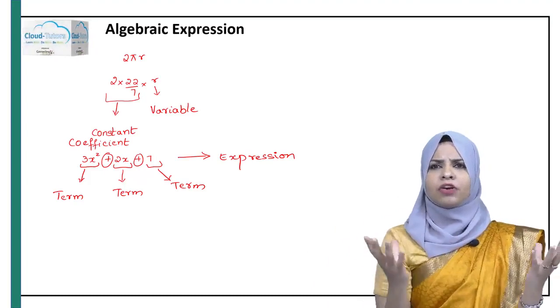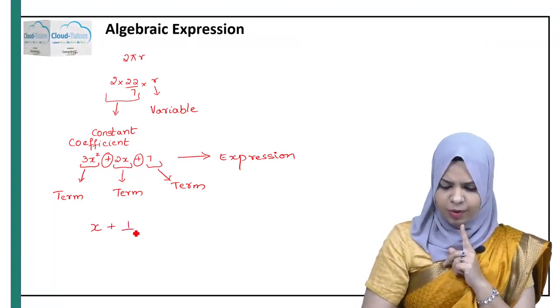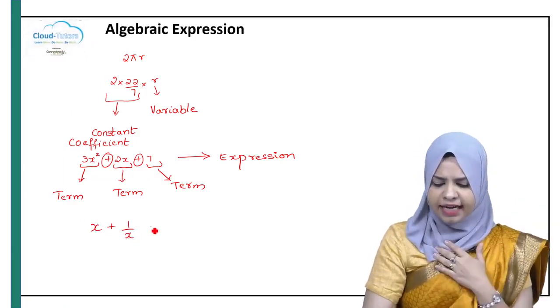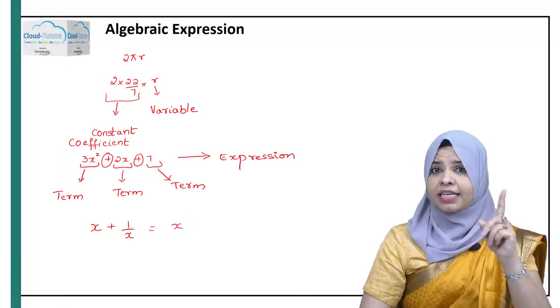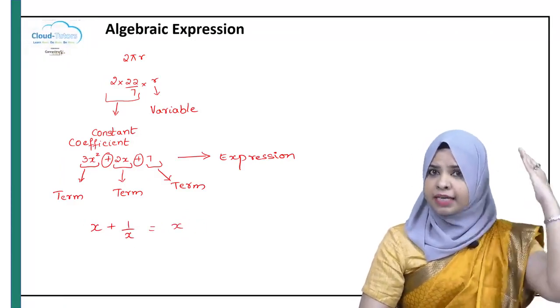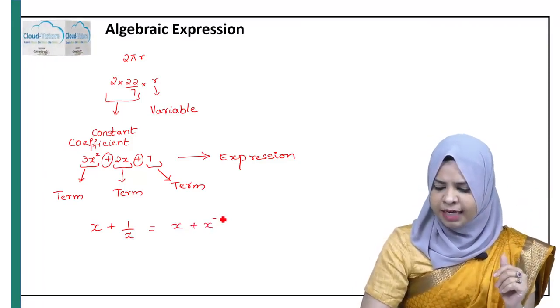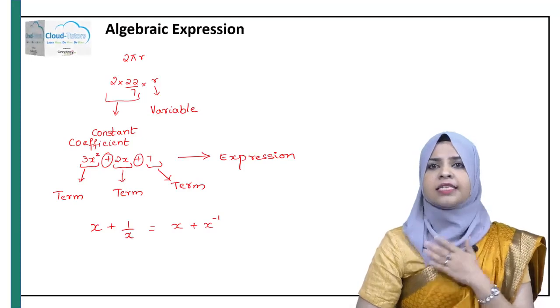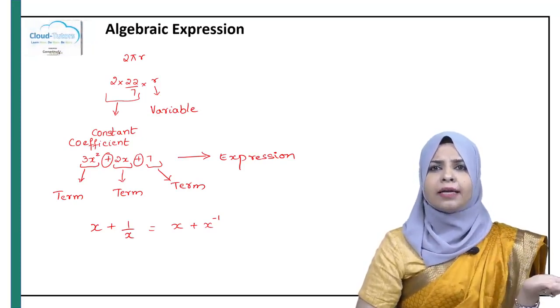Now what is a polynomial? Let me take another example. x plus 1 by x. When I say x plus 1 by x, definitely it's an expression, mind you. I can rewrite this same expression as x plus x power minus 1. Now I call this an expression but not a polynomial. Do you know why?